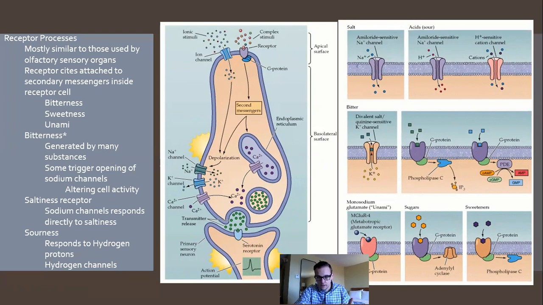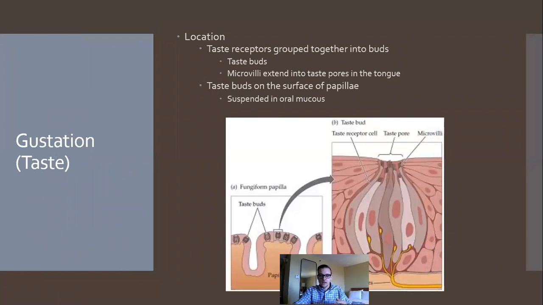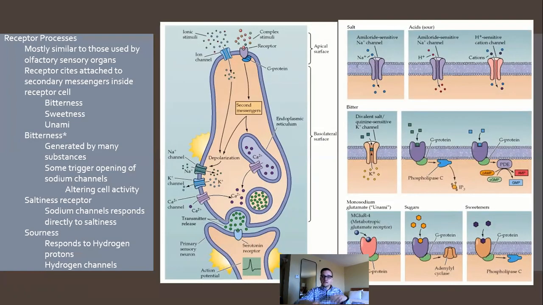If you notice, coming back to those taste receptor cells with microvilli extending out into a pore and being suspended in mucus for the chemicals to attach to the receptor site, just like the olfactory cells. And so the receptor sites, several of them, work much the same.